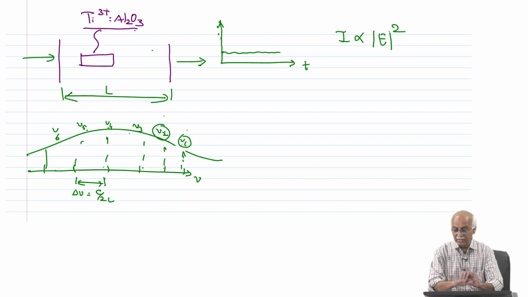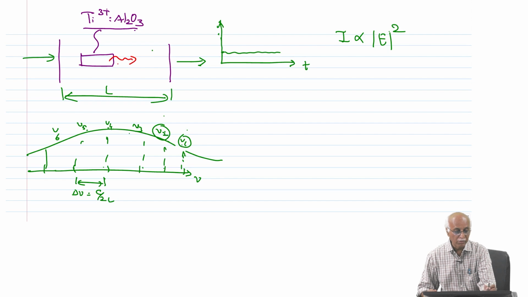In general, when there is no control over the cavity, nu 1 is emitted with one frequency and has a certain phase. At the same position, maybe nu 2 is emitted separately and it has a different phase, like this.